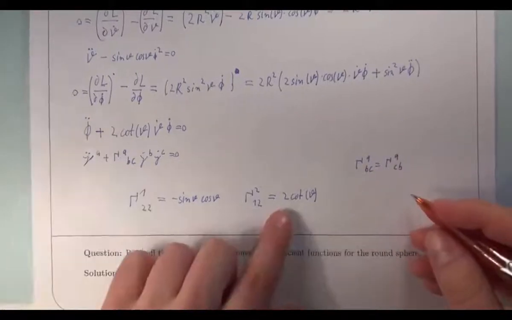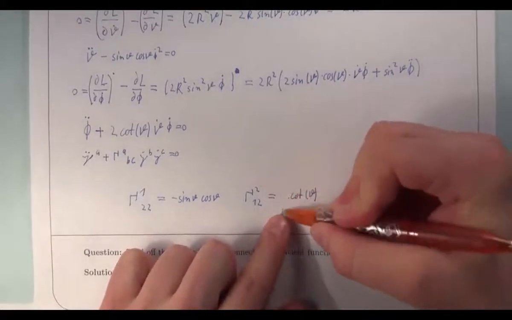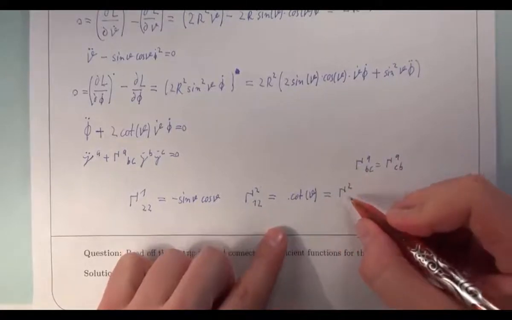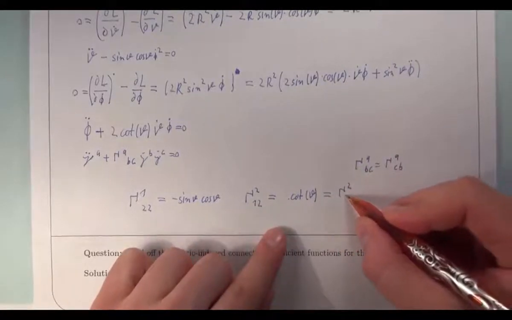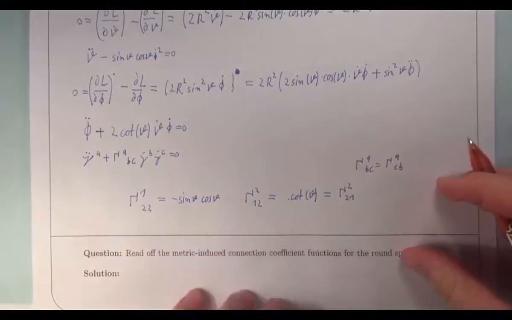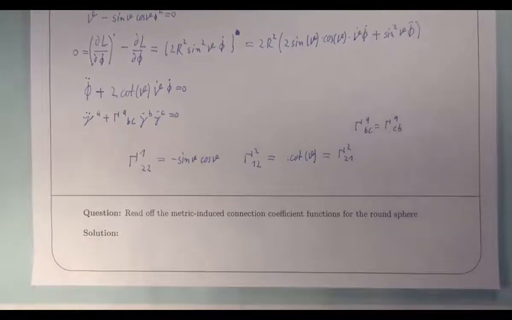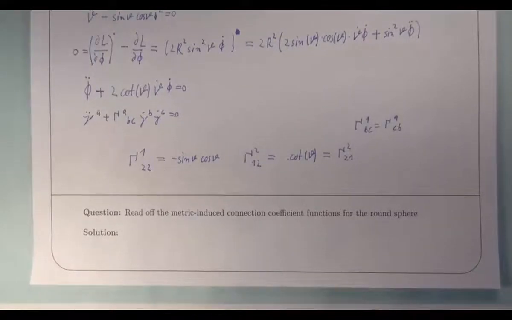We have to distribute the 2 over the two gamma symbols, gamma 2 1 2 and gamma 2 2 1. Therefore, I already answered the next question. Yeah, we finished calculating the Christoffel symbols for the round sphere.